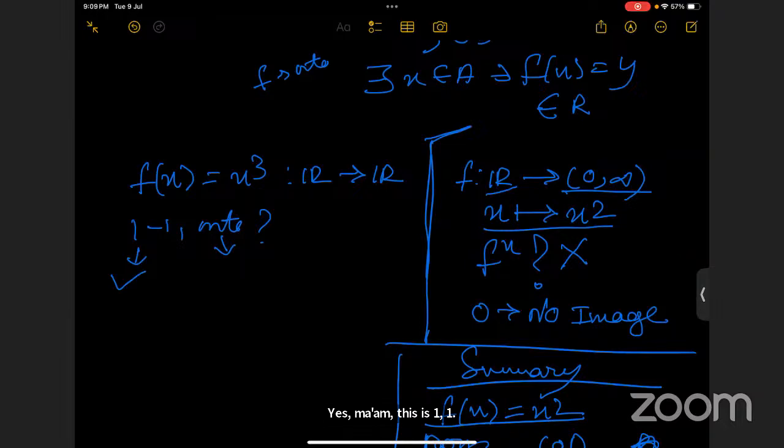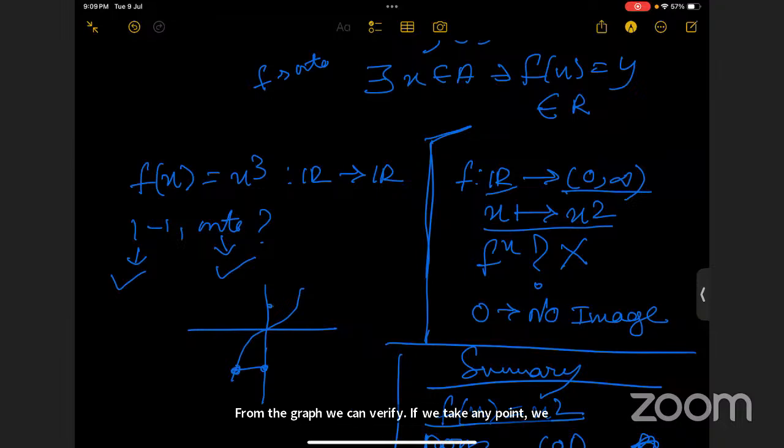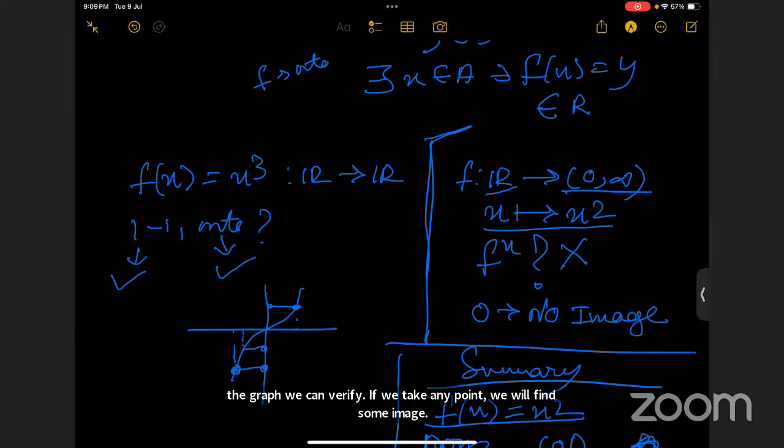Is it onto? It's onto. This is onto because clearly from the graph we can verify. If we take any point, we will definitely find some pre-image. So this function is onto.